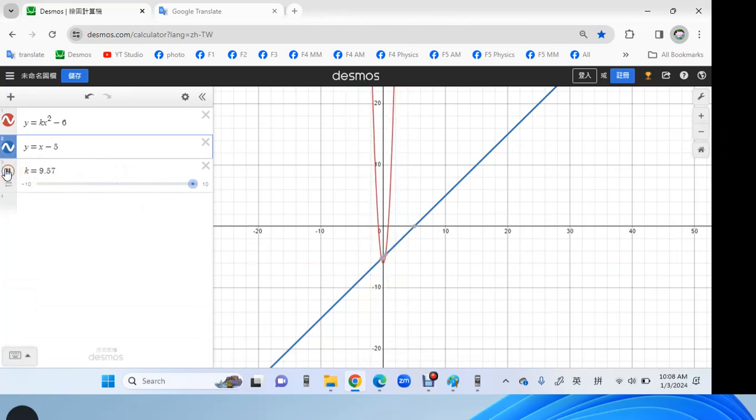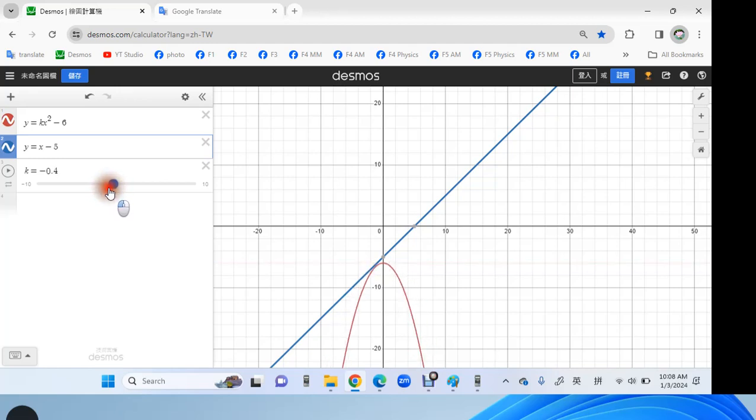In this one, they intersect at 2 points. We can look at this one, they intersect at 2 points. When k equal to 0, cannot.